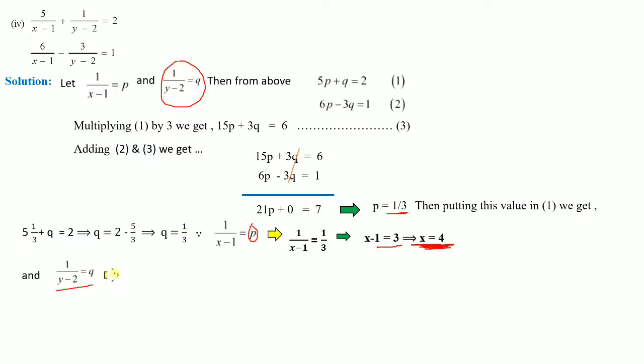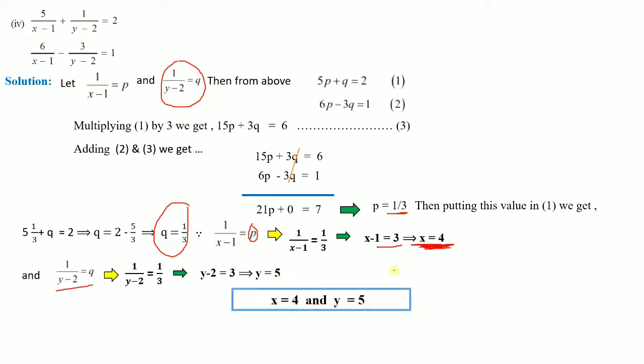So similarly we put 1 upon y minus 2 equals 1 upon 3. Taking reciprocal again of both the sides, y minus 2 is equal to 3, so y is equal to 5. Hence the value of x is 4 and the value of y is 5 is our final solution.